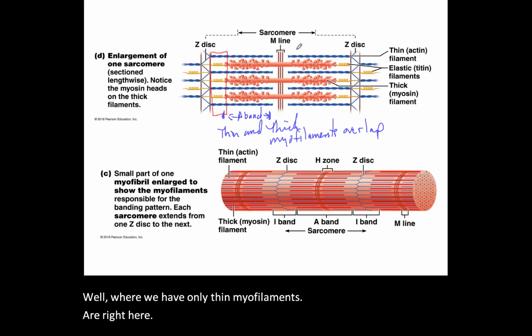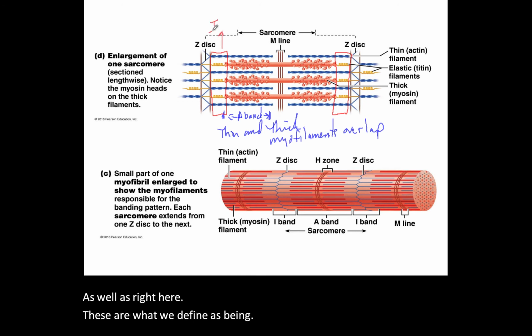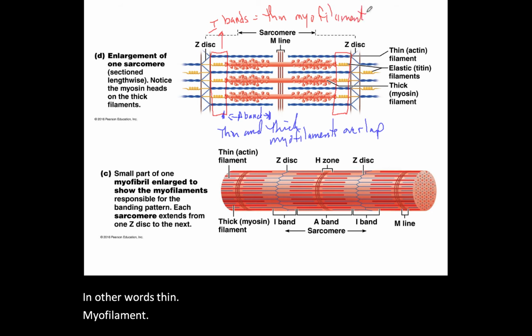And so these areas right there, as well as right here, these are what we define as being the I bands. In other words, thin myofilament only. I bands are the areas where there is only thin myofilaments.